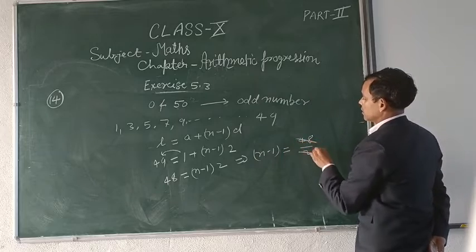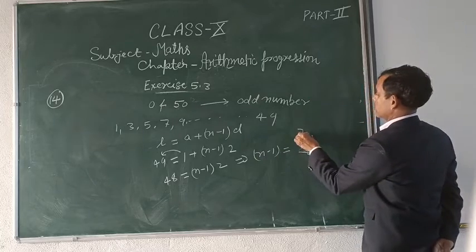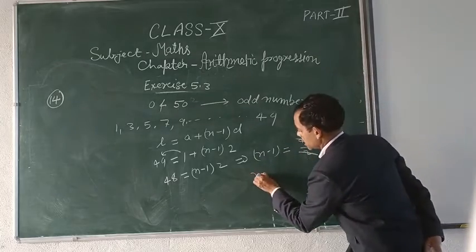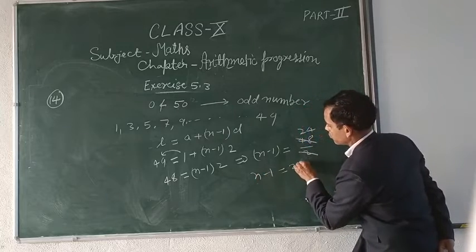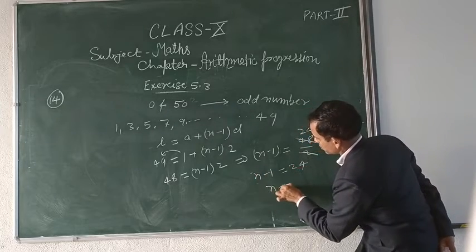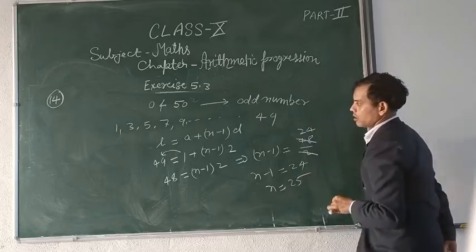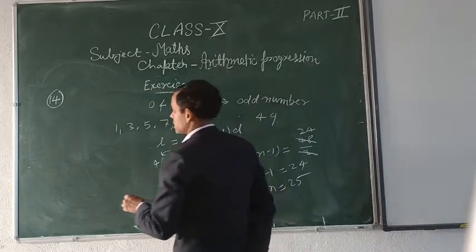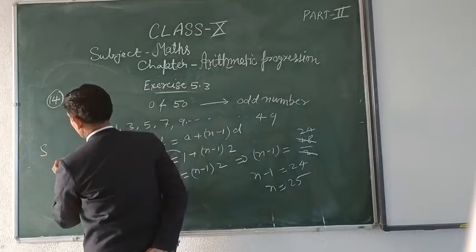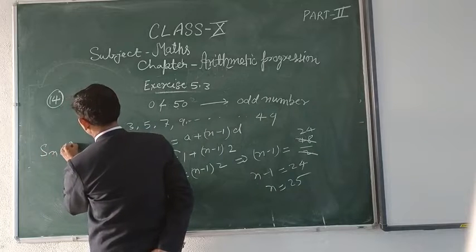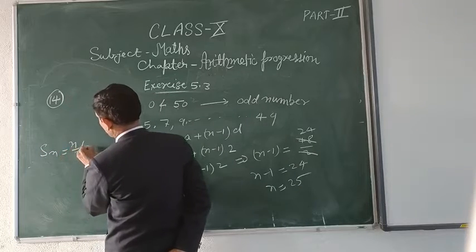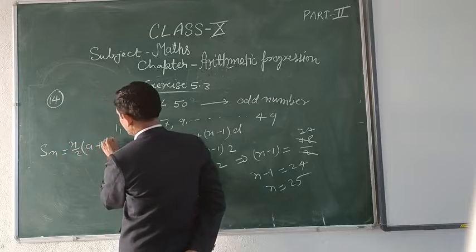This gives 24. So n minus 1 equal to 24, n equal to 25. Okay. So S25. We know that Sn equal to n by 2 in bracket a plus l.